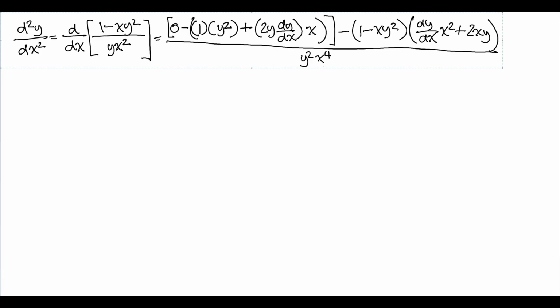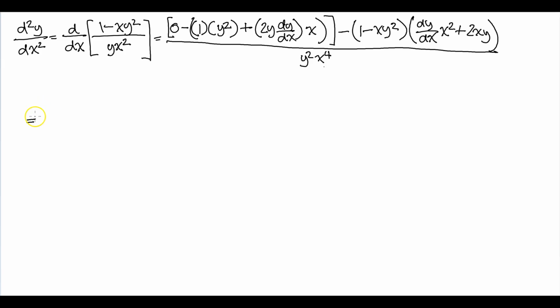Okay, so we were right over here. We just applied the quotient rule with a good helping of product rule in it. And now we're going to have to simplify this into something we can even begin to understand.